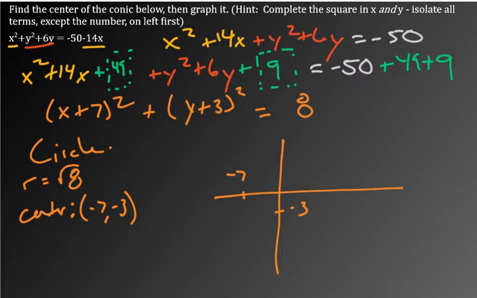So this is probably 2 point something. I don't know what it is, but we know that it's not going to cross the x-axis. So, oops, that looked like it was about to cross. I'm just doing a bad job with the sketch. Okay, so this is my center, and then probably something about like that. So that's a rough sketch of this conic section.